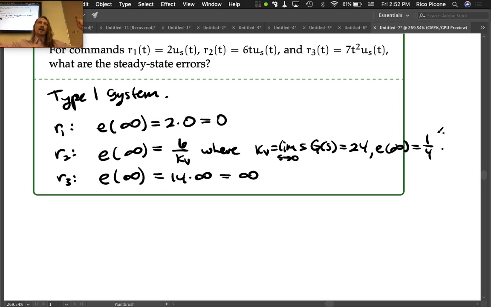So you do have to be a little cautious about that. And you can have errors that are greater than 1. Like for instance, if instead of a 6 times a unit ramp, we put in 100 times a unit ramp, this error would be greater than 1. So it's actually an absolute value. It's not a percentage.